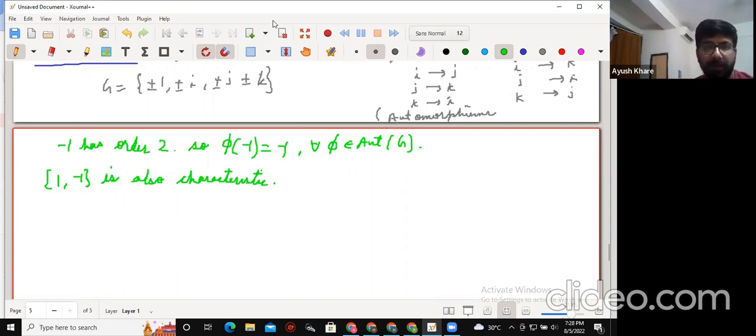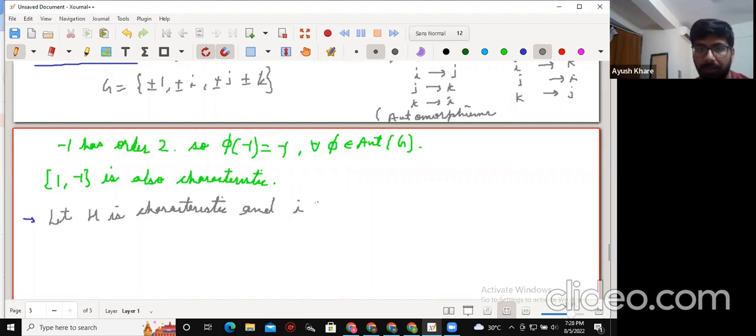Now there are 6 more elements remaining. So let's say H is characteristic, and small i belongs to H. Then first of all, the group generated by i should be inside H. You all agree?